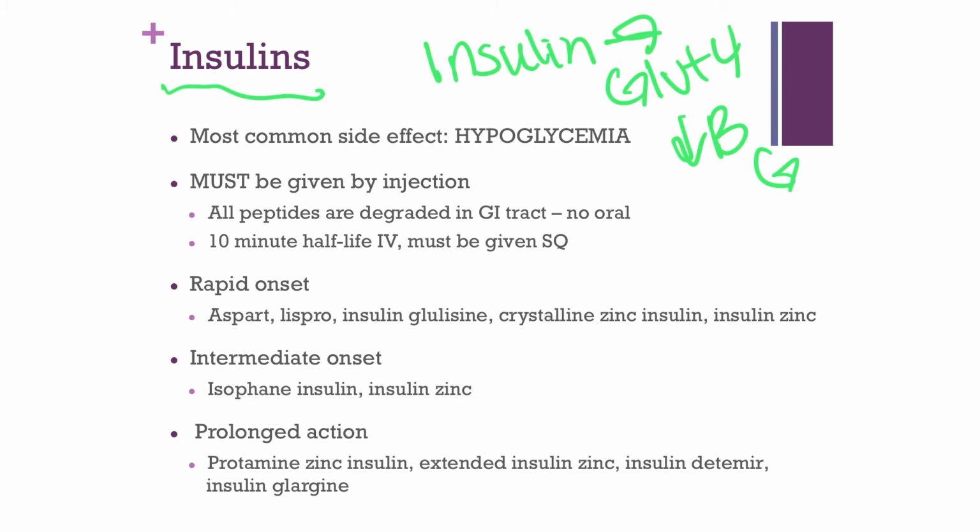When that happens, that's going to lower blood sugar, and that is called hypoglycemia. So when you give insulin, it's very common sense physiologically that the most common side effect is low blood sugar, hypoglycemia.